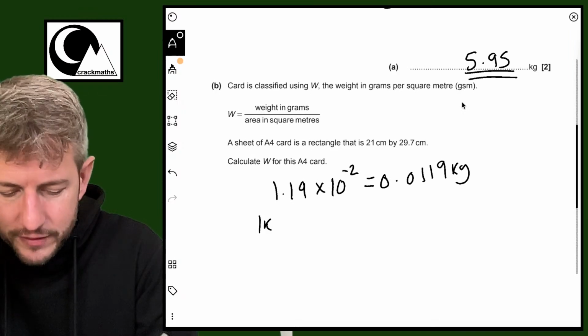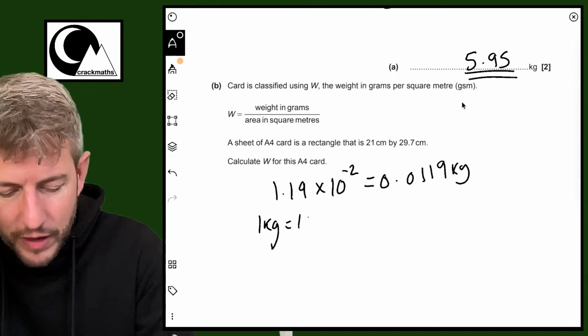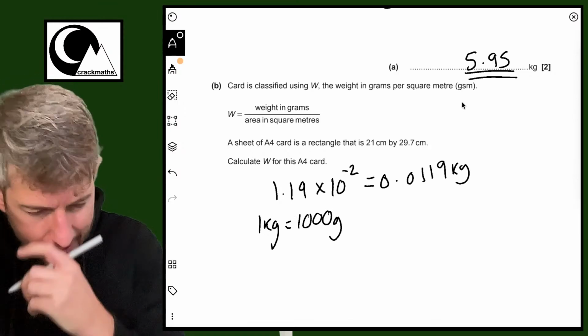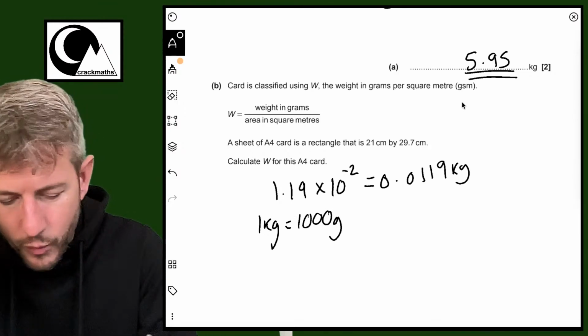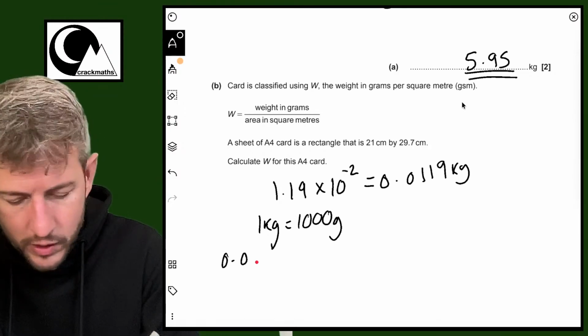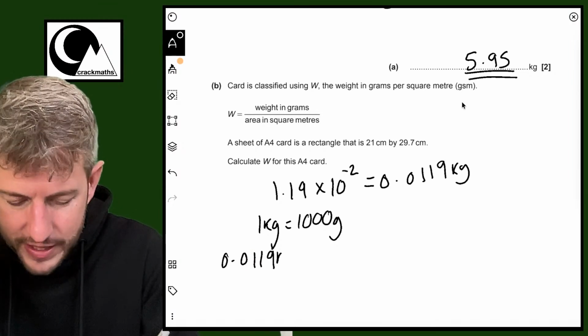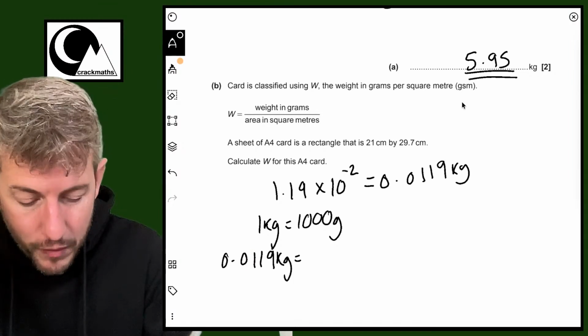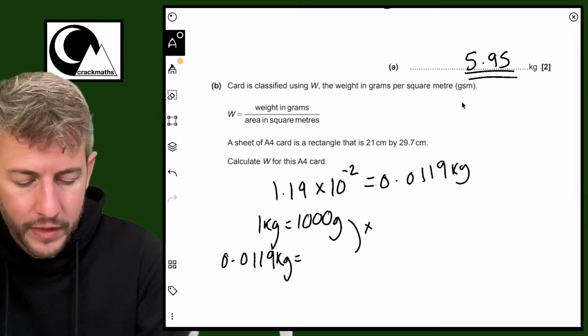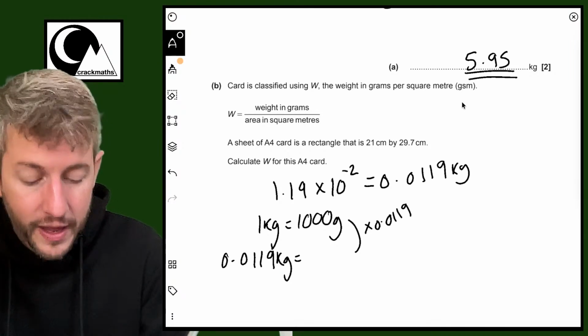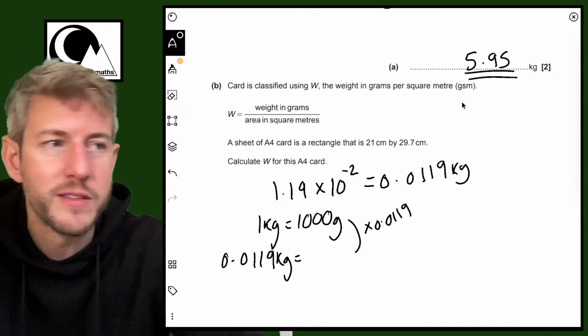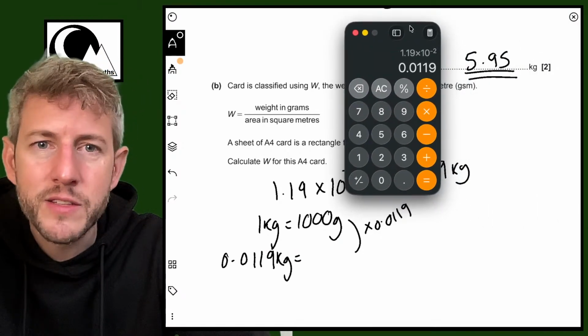Now we know that 1 kg equals 1,000 grams. Okay, so we need to find out what 0.0119 kg is. So we need to multiply this by 1,000, and that will tell us how many grams this is. Okay, so let's do that here.